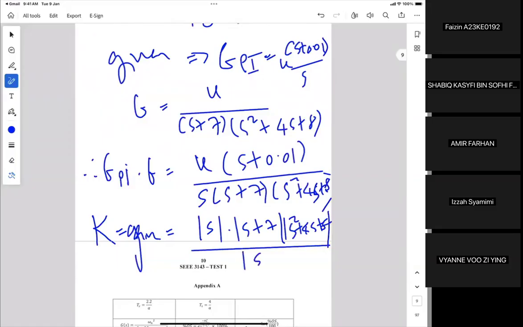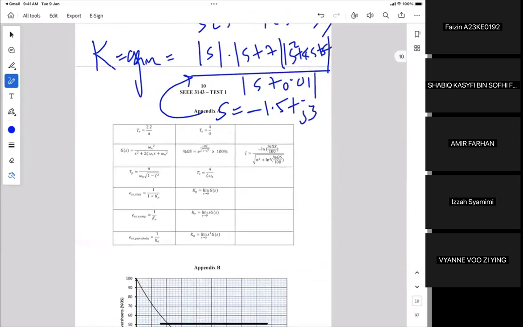Magnitude over zeros, minus 0.01. And the value is the one you got just now, minus 1.5 plus j3. You insert it inside. Then you will get K equal to 36.1. Okay, 36.1.